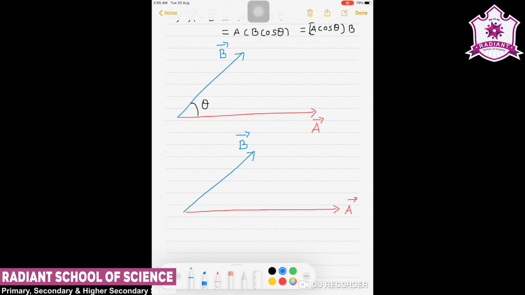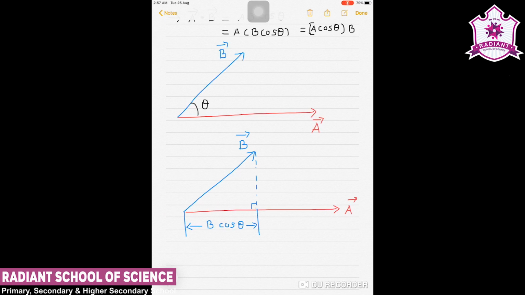When I take a projection from vector B on vector A, this projected portion that is covered over here is called B cos theta, and that is called the projection of B on A.